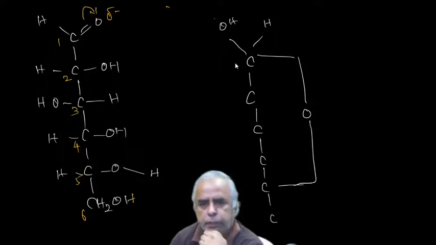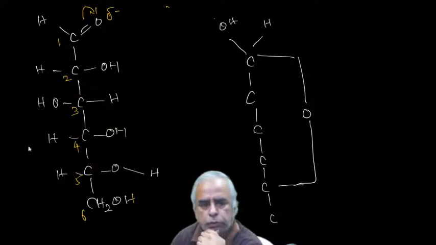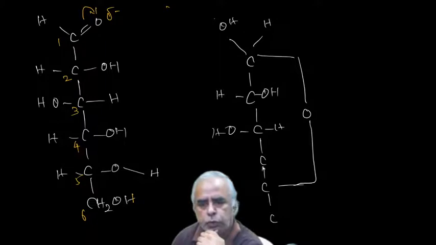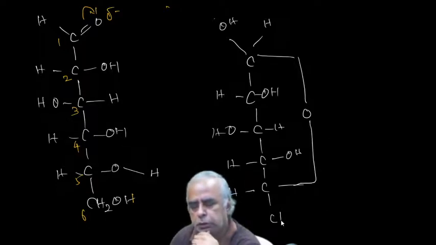The remaining atoms can be written as CHOH, CHOH 1 2 3 4. So 1 2 HOH, third carbon atom will be OH H, fourth will be HOH, and fifth carbon atom OH is involved in the hemiacetal ring formation, and here H, and this is CH2OH.